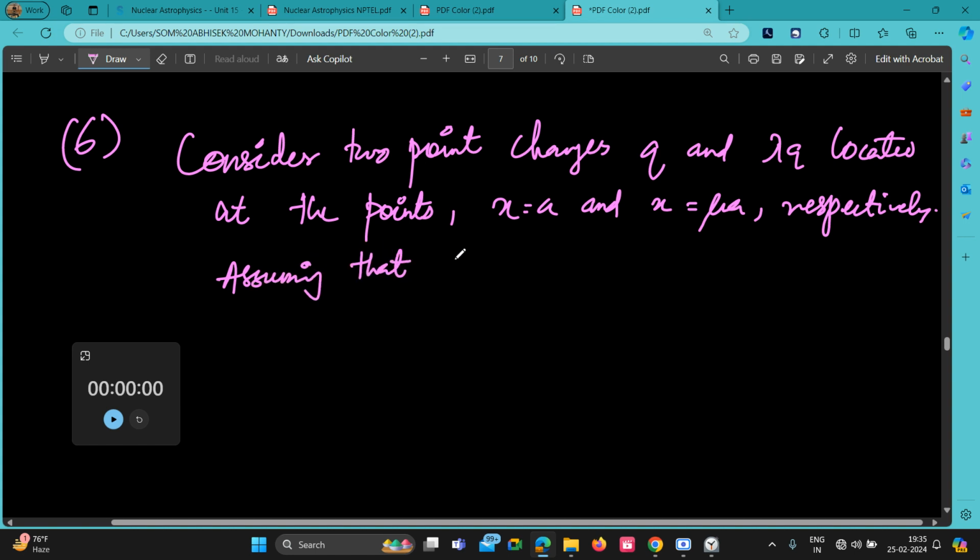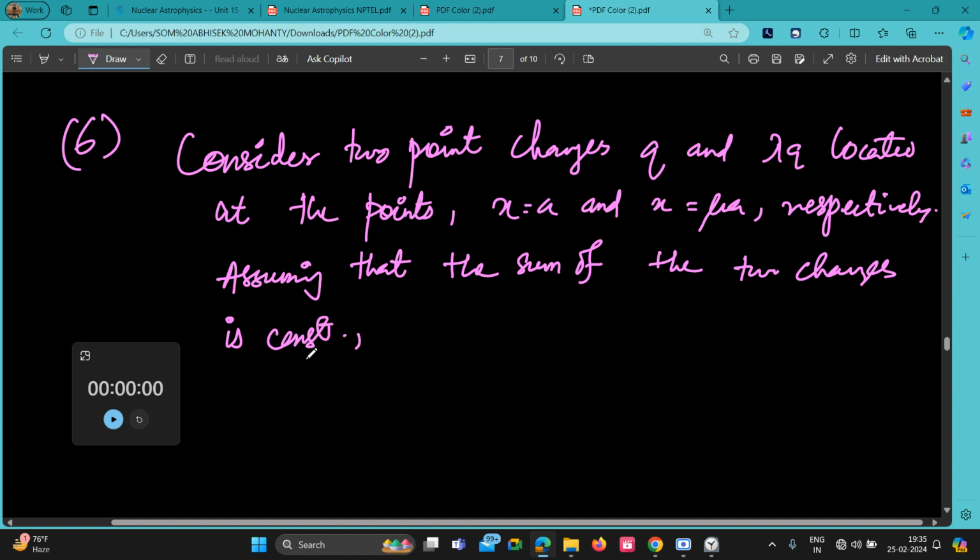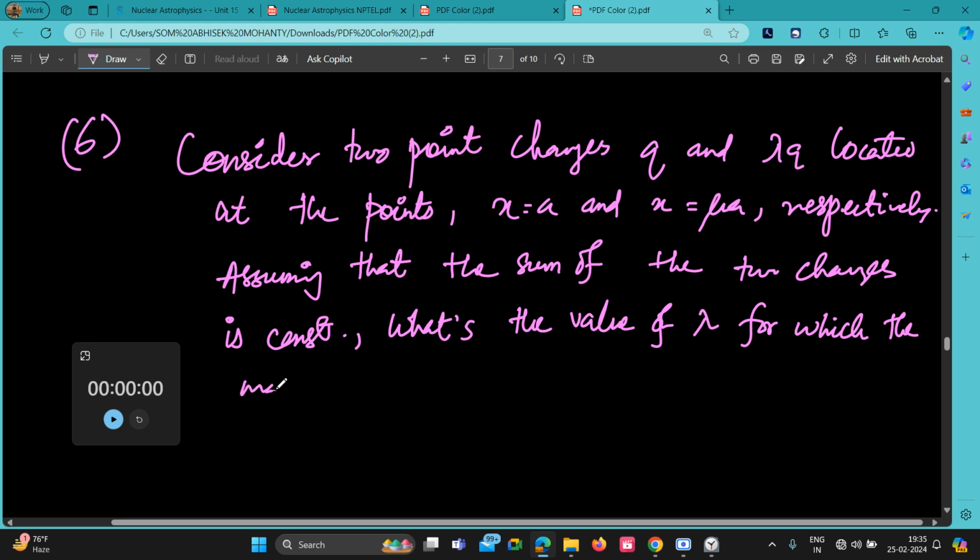Assuming that the sum of the two charges is constant, what is the value of lambda for which the magnitude of the electrostatic force is maximum?